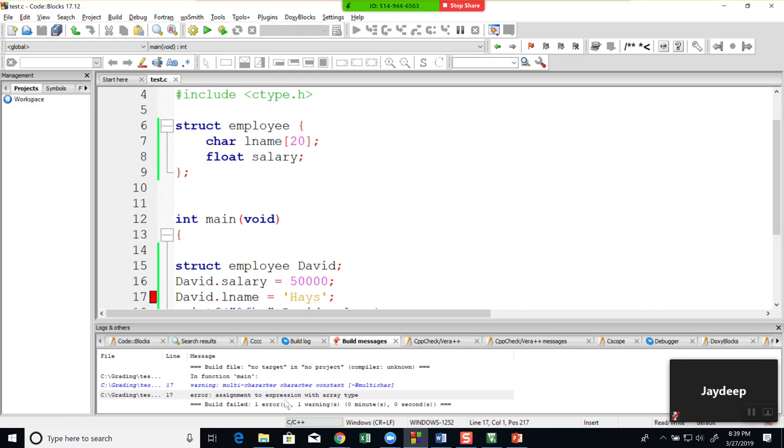Multi-character constant assignment to expression with array type.